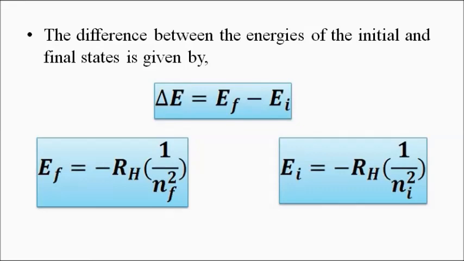It is given by the final energy state minus the initial energy state: minus R_H by 1 by n_f squared, where n_f is the final quantum number to which it got excited or dropped down to, and minus R_H by 1 by n_i squared, where n_i is the initial principal quantum number.